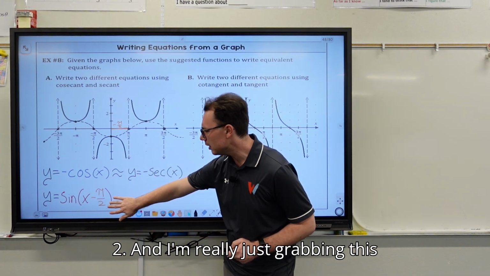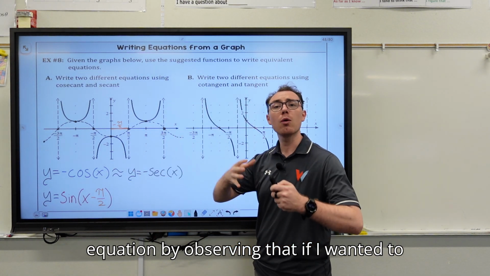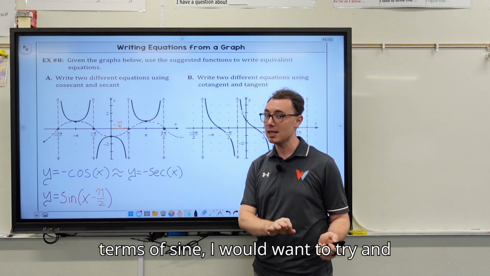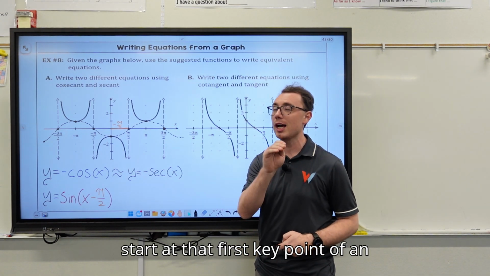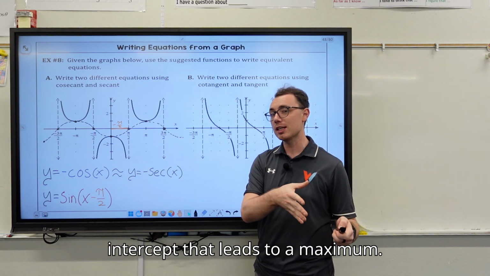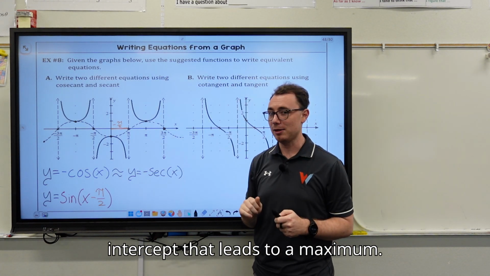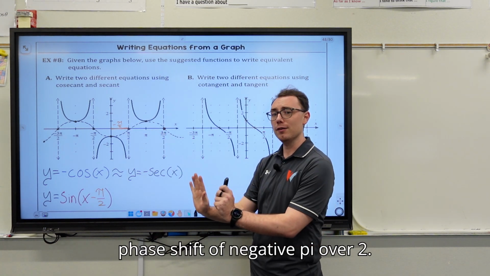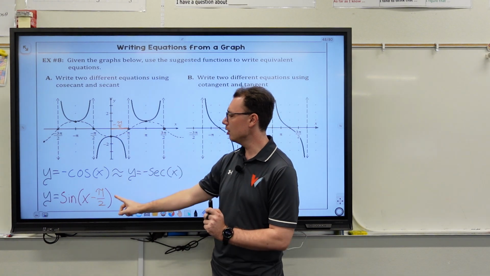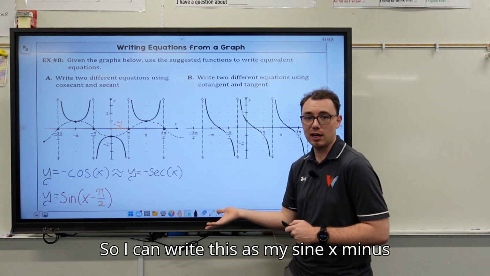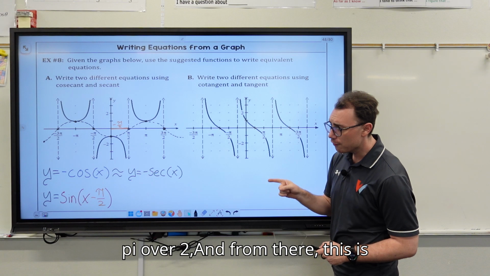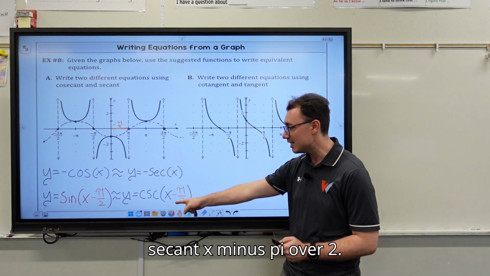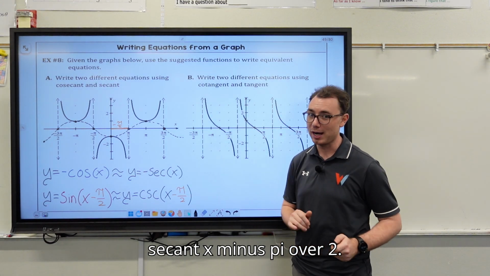And I'm really just grabbing this equation by observing that if I wanted to find the equation for this function in terms of sine, I would want to start at that first key point of an intercept that leads to a maximum. I can find that point right here with a phase shift of negative pi over 2. So I can write this as sine x minus pi over 2. And from there, this is the skeleton for the graph of secant x minus pi over 2.